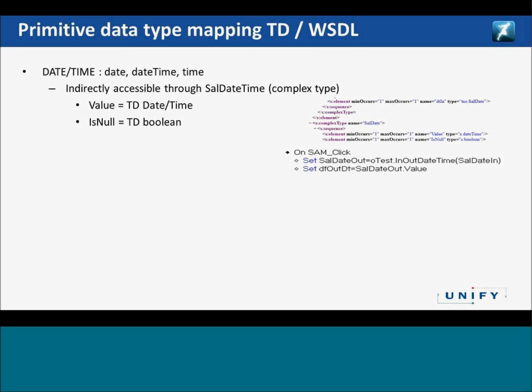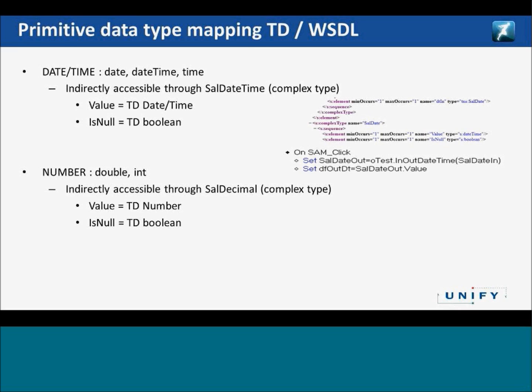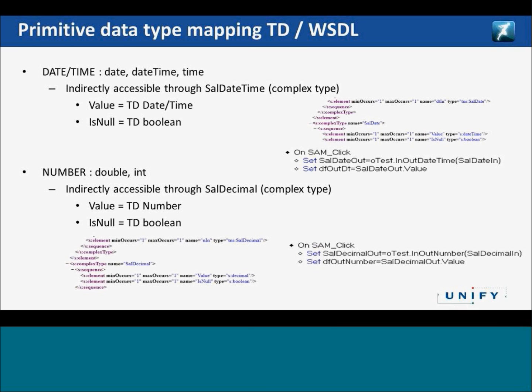And you can also set the value putting like sal date out dot value equals date time. So this is how you work with date time and with numbers, because they are both sal decimal and sal date time complex types internally in TD, and you need to handle them using the sal date value methods.